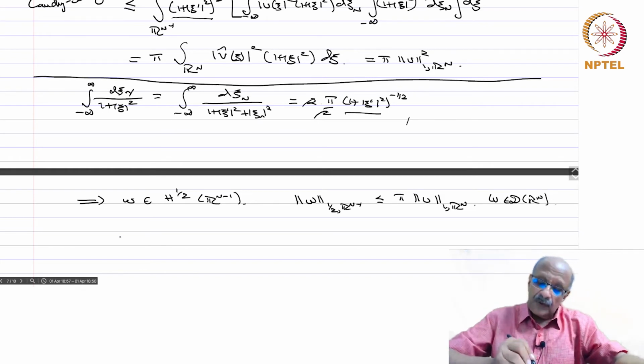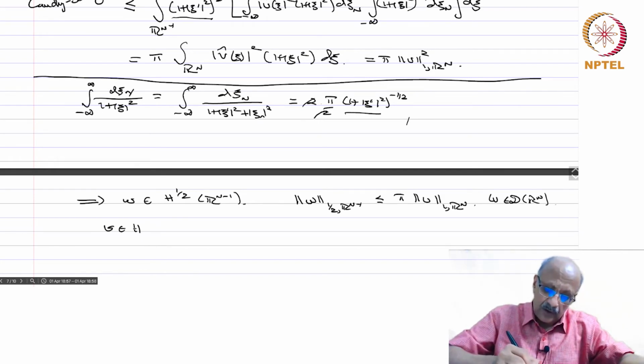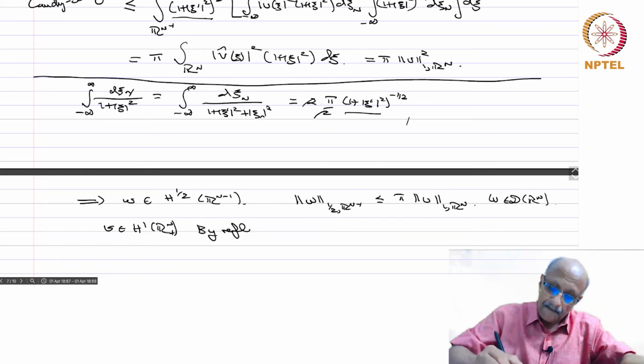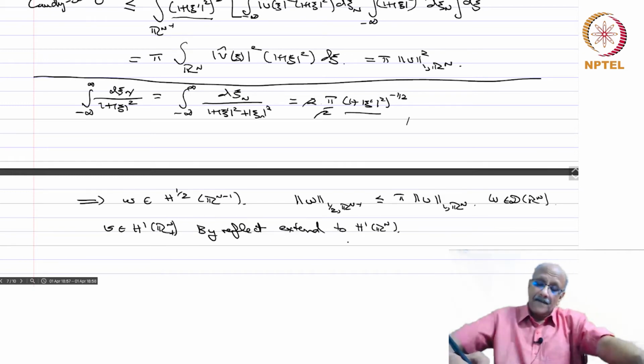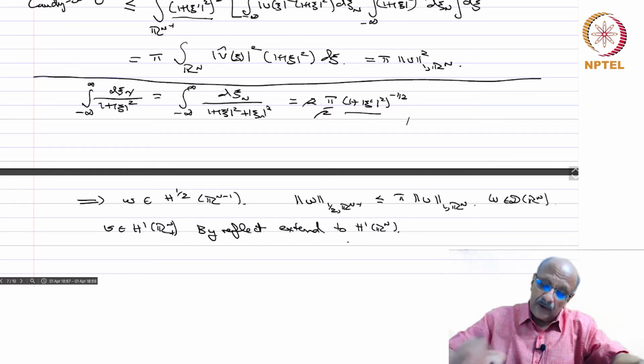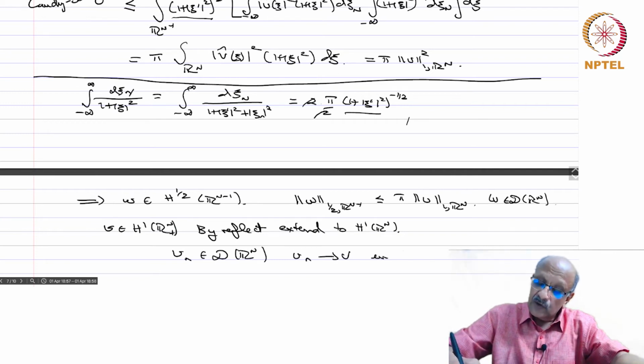So now if you take V in H1 of Rn plus, then by reflection extend it to H1 of Rn. Okay. Now if you extend it to H1 of Rn, then you know D of Rn is dense there, so you take Vn in D of Rn, Vn converging to V in H1 of Rn.